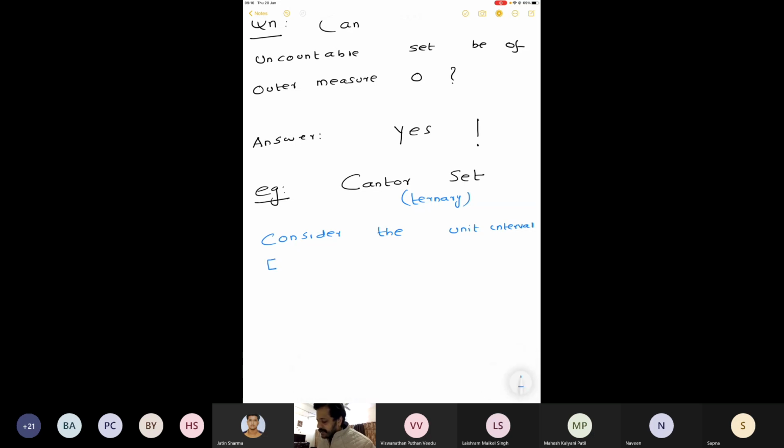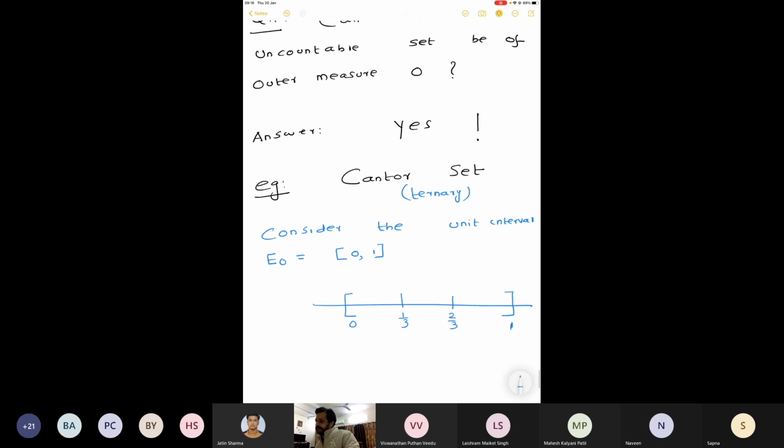E naught is equal to [0, 1]. Can you recall the procedure to get the Cantor set? We will divide this into 3 subintervals, [0, 1/3], [1/3, 2/3], and [2/3, 1]. And we will remove the middle third open interval.